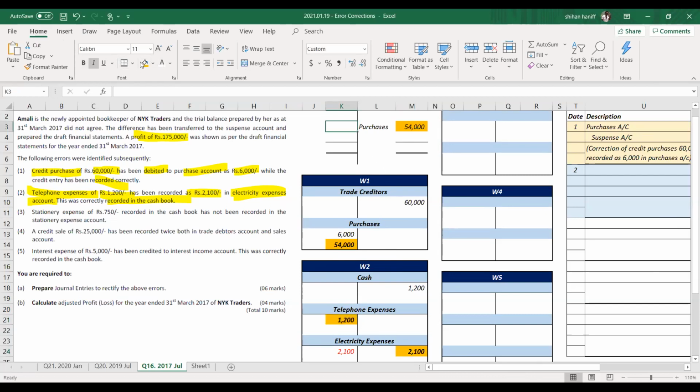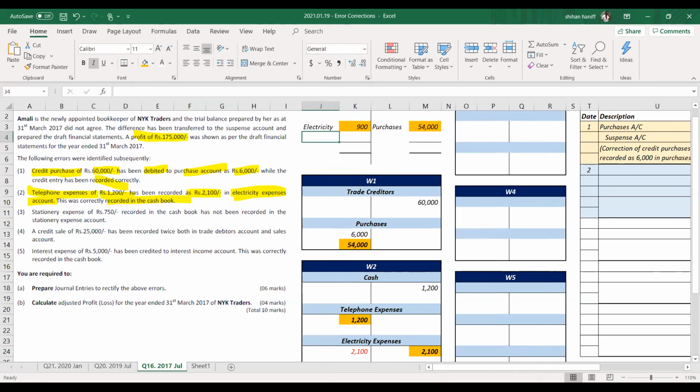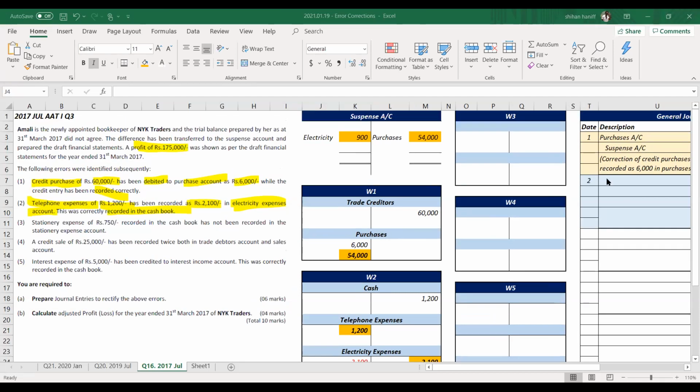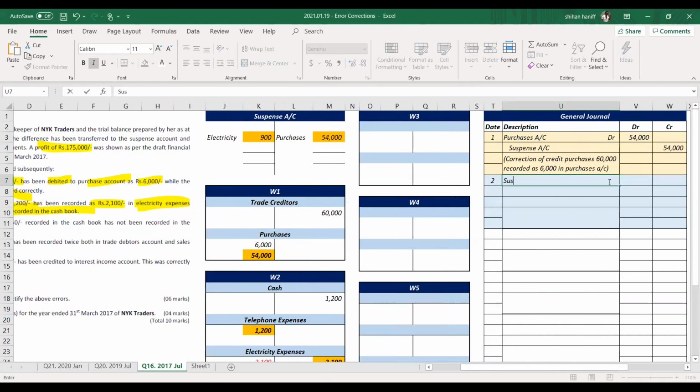And the difference 900 should be debited to the suspense account. Suspense account debit 900.